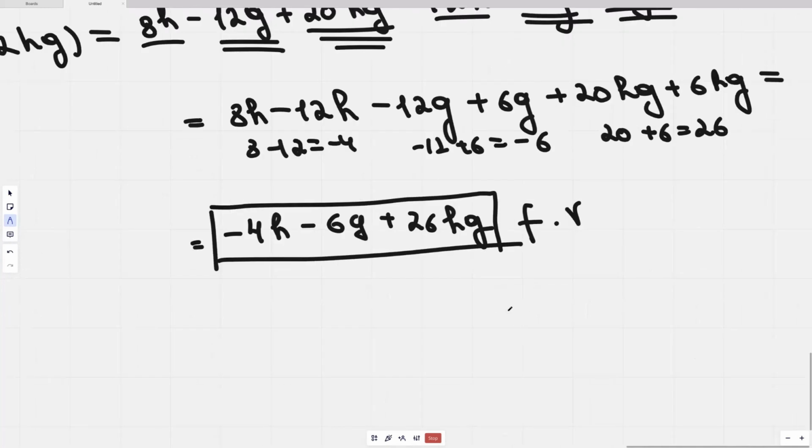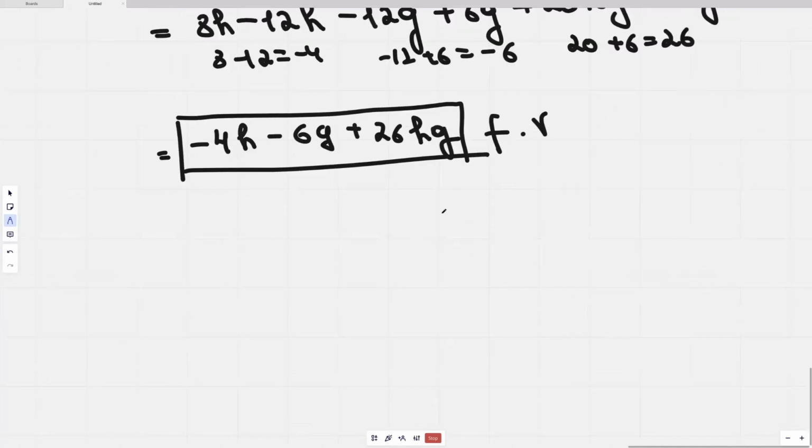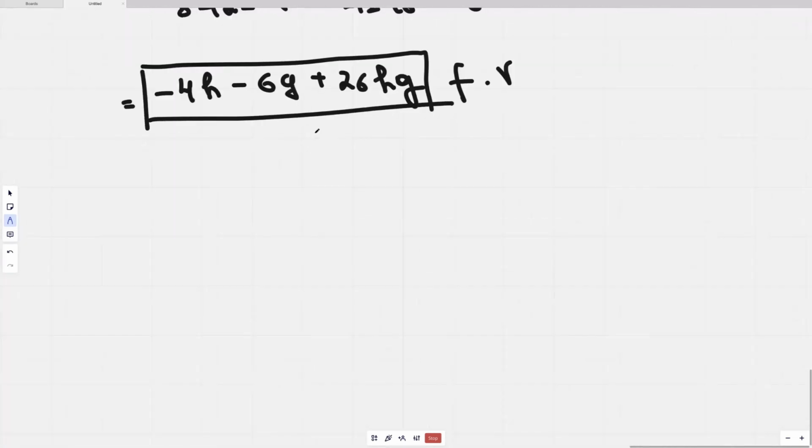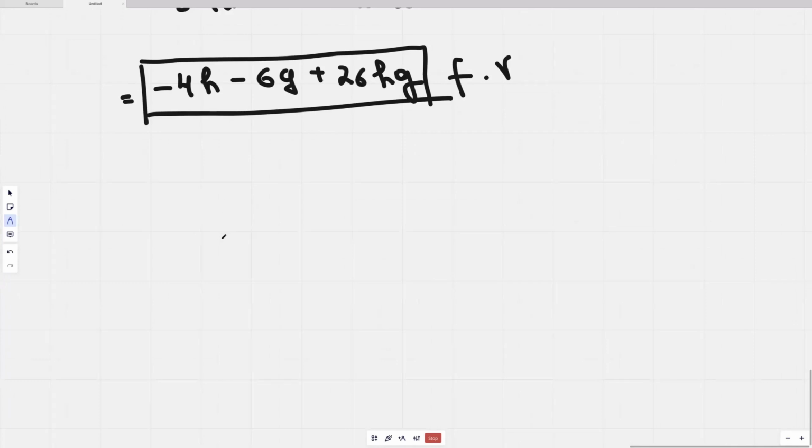And actually, I have to mention one thing, and do not make confusion here. Expressions like this happen only if the items have positive or negative signs between them. For example, only if a plus b or a minus b happens, and plus a, minus b.